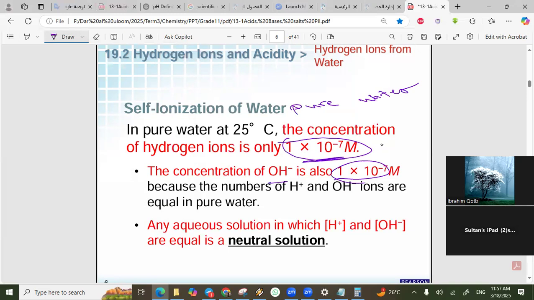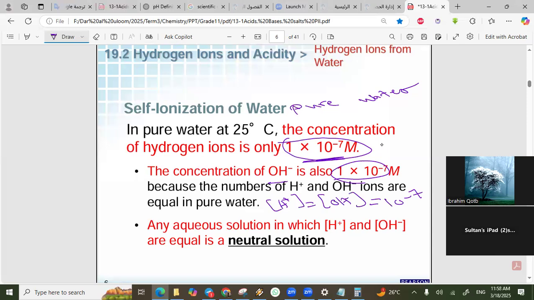This means the H plus concentration equals the concentration of hydroxide. Both of them equal 10 power negative 7, or you can write it like this, 1 times 10 power negative 7.